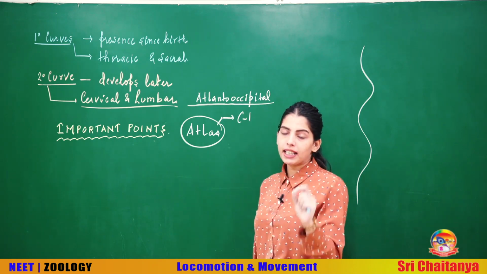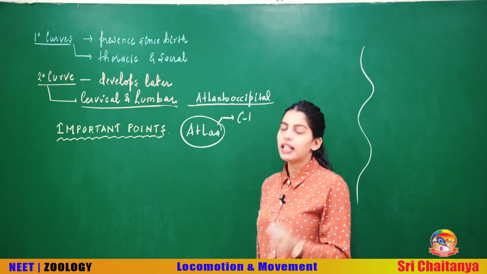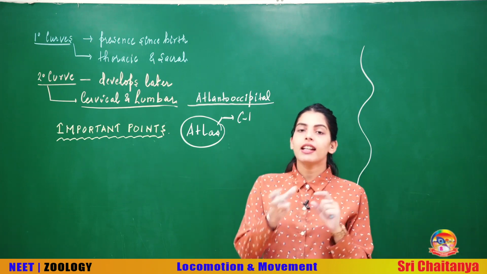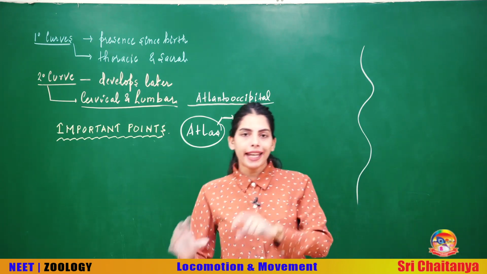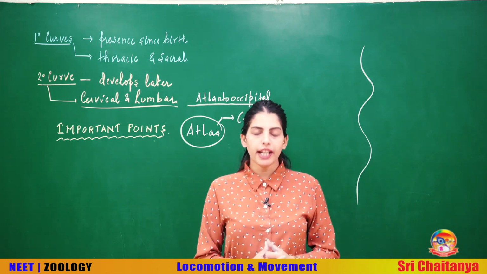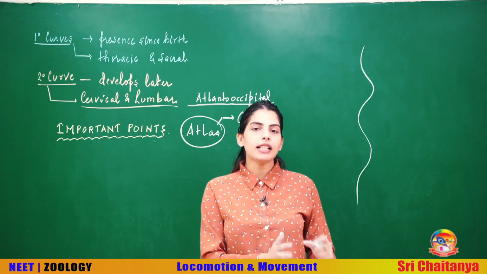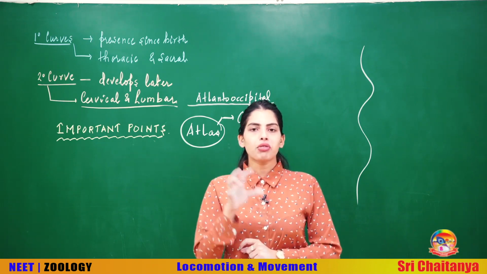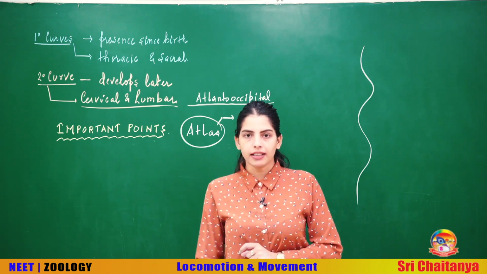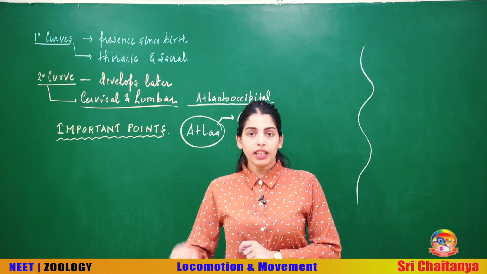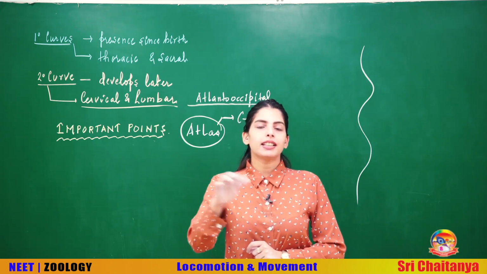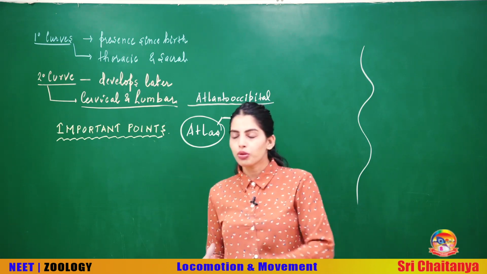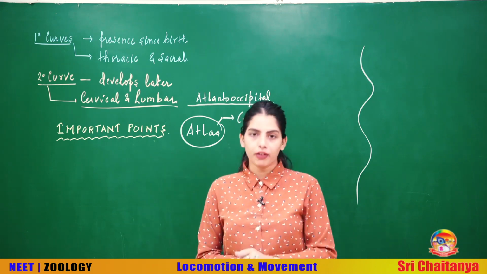This is a typical, atypical cervical vertebrae. Actually, there are certain things called typical and atypical in your vertebrae. When you are saying a typical structure of vertebrae, it should have all these structures similar, the same in all. If you have certain exceptions, that exception leads to an atypical kind of structure.